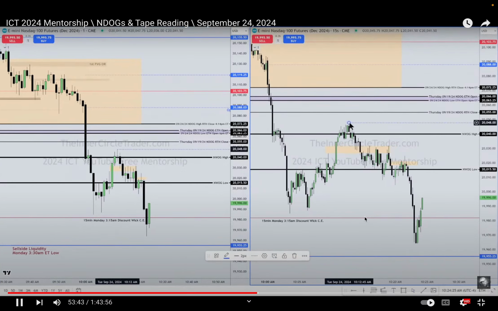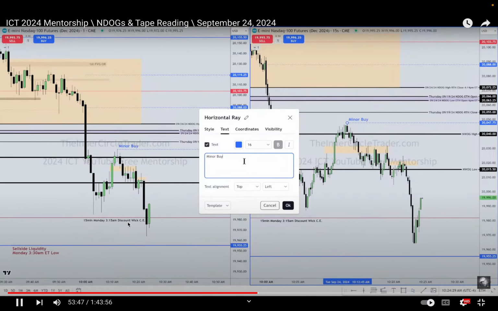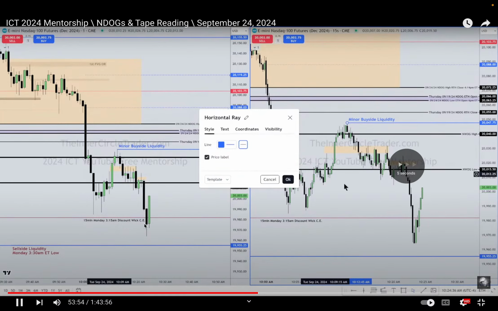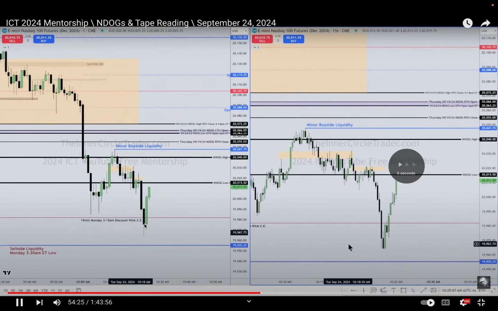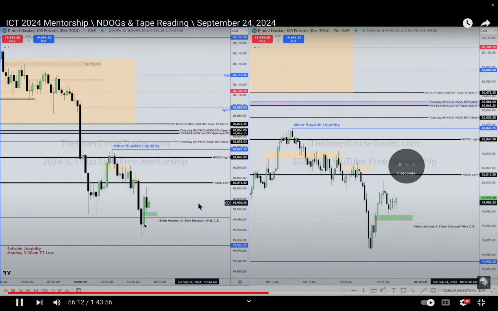And it's about to be swept. Monday, 3:15 a.m. discount wick. Okay. That's its wick, but it's not the low yet. So its target has not been hit yet.